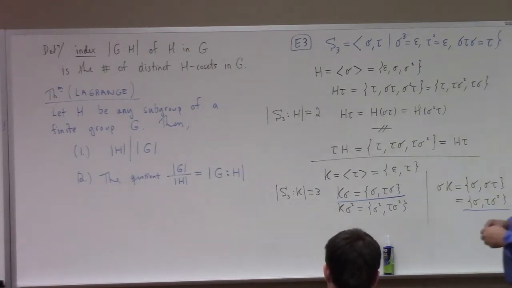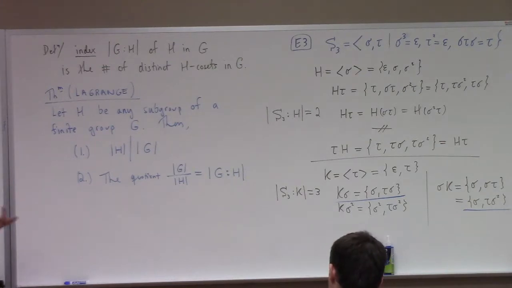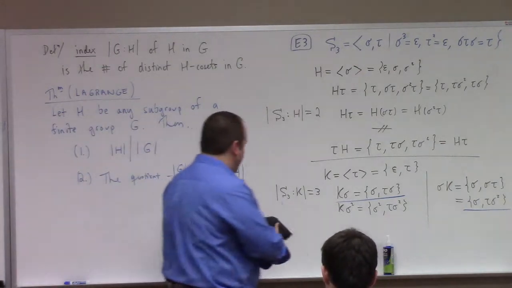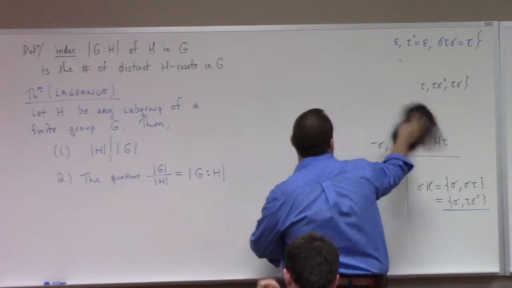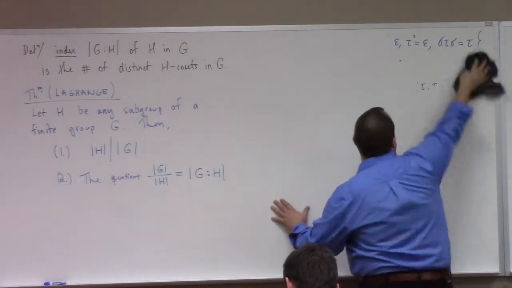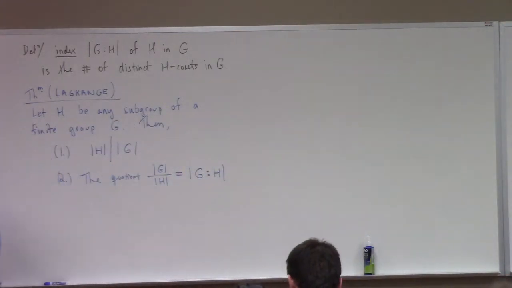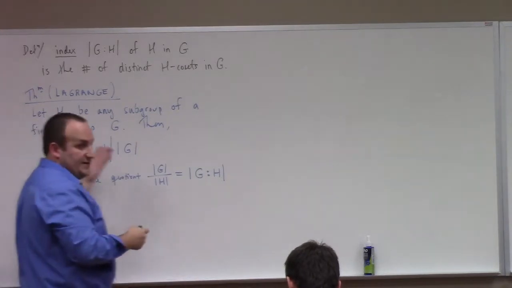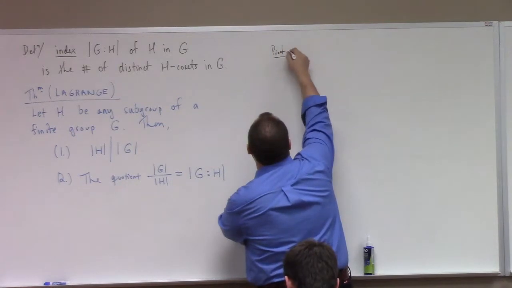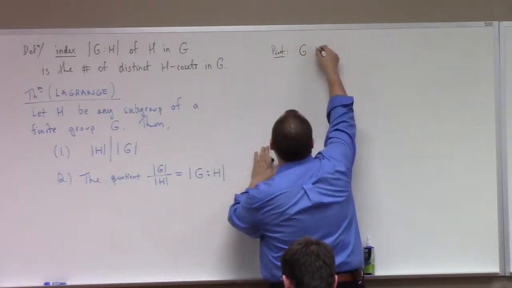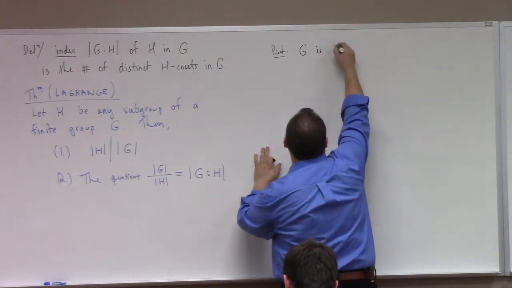How do you prove this? This is one of my favorite proofs in the whole course. It's simple. It's really, really simple. So what you do, you've got a finite group. G is finite.